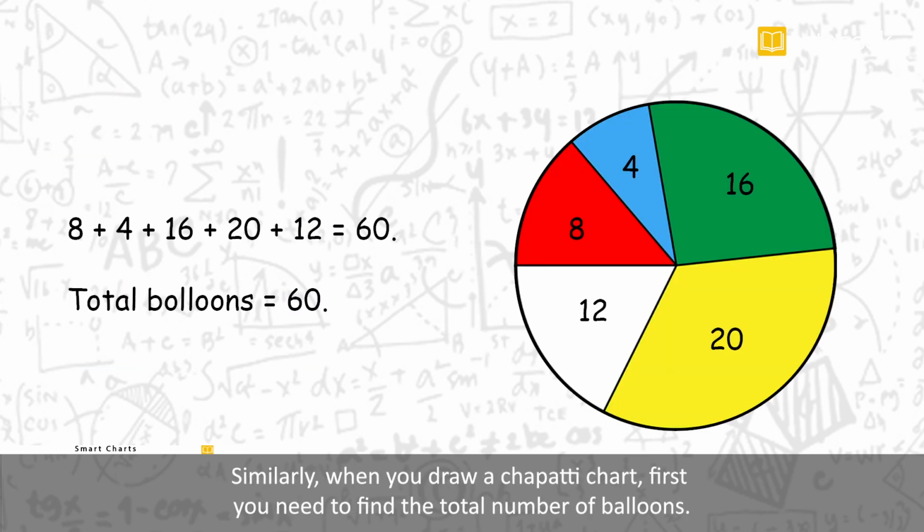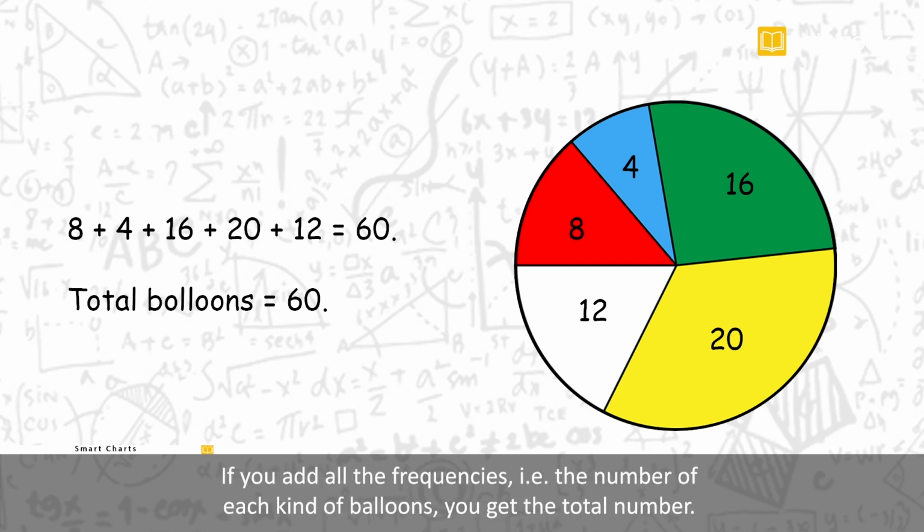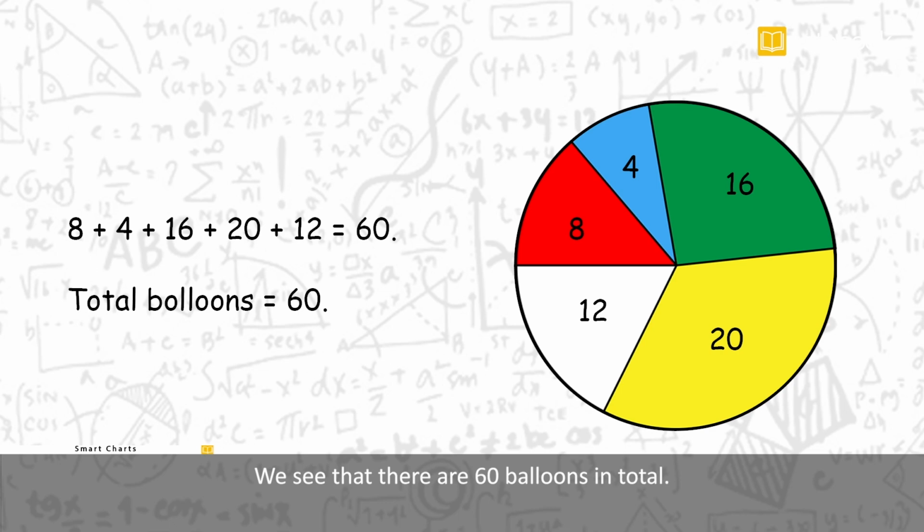Similarly, when you draw a chapati chart, first you need to find the total number of balloons. If you add all the frequencies, that is, the number of each kind of balloons, you get the total number. We see that there are 60 balloons in total.